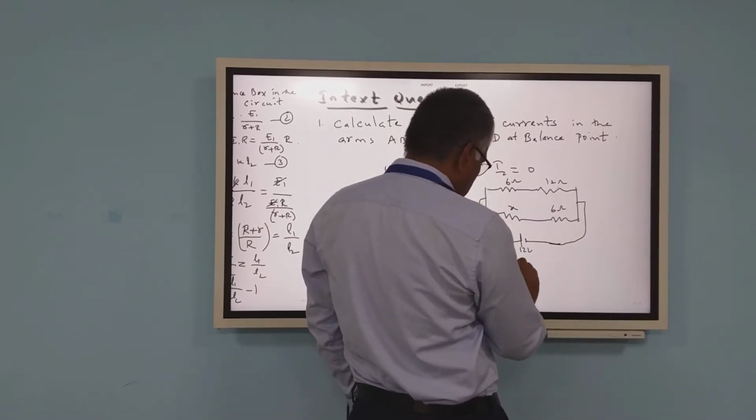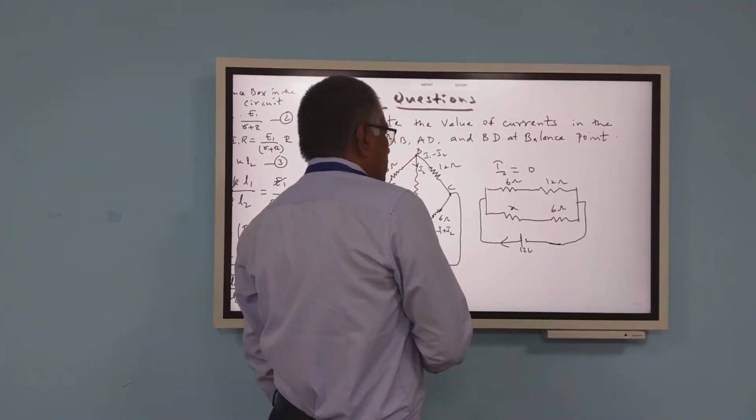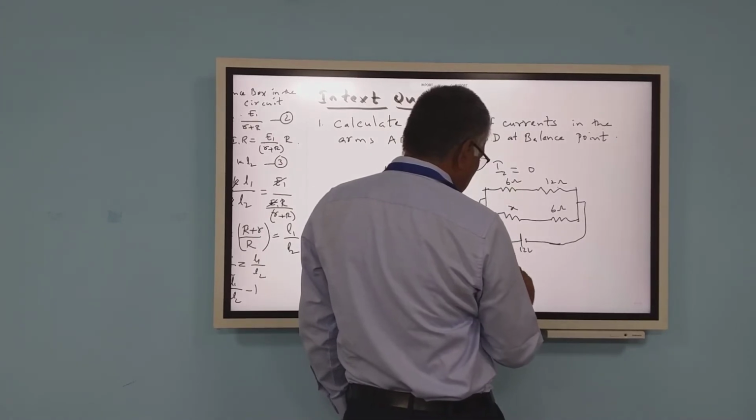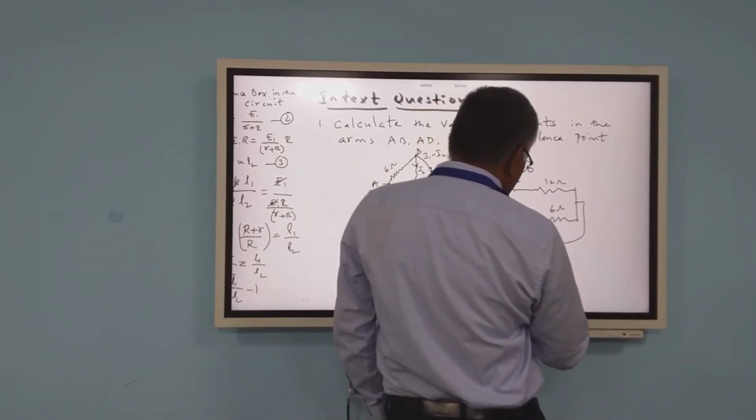X by 2 is equal to X by 6, so 6 by 12 is equal to 6 by 6.